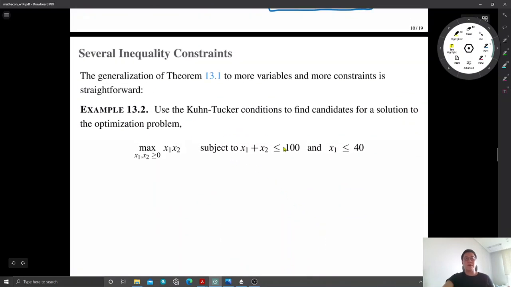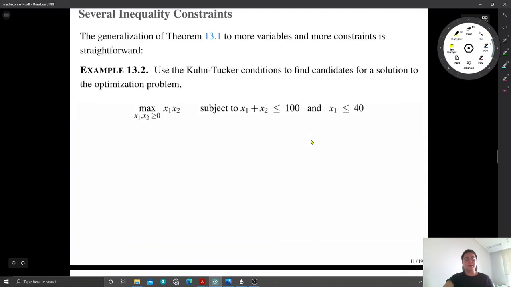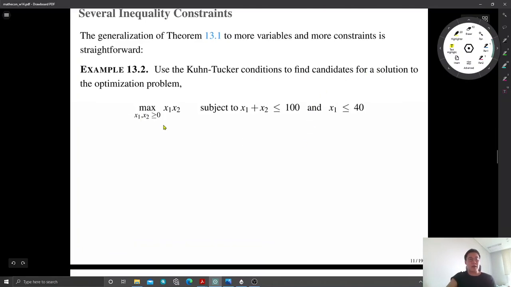And even if we have more than one constraint, the same method can be used to find the candidates for a solution. So we set up the Lagrangian for x1, x2. Using multiplier lambda, we write the Lagrangian with respect to the first constraint, 100 minus x1 minus x2.